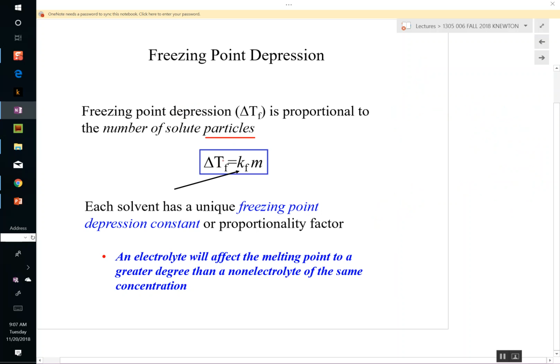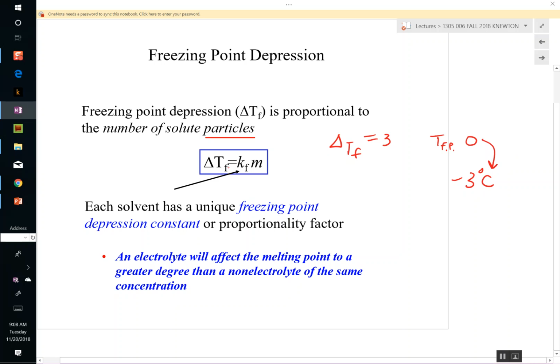The number of degrees, so that delta T, the freezing point depression, let's say delta T equaled 3. Well, the freezing point of water is 0. If the delta T were 3, it would now freeze at -3 degrees centigrade. It's saying, how far does it depress it? It depresses it 3 degrees from its normal freezing point.